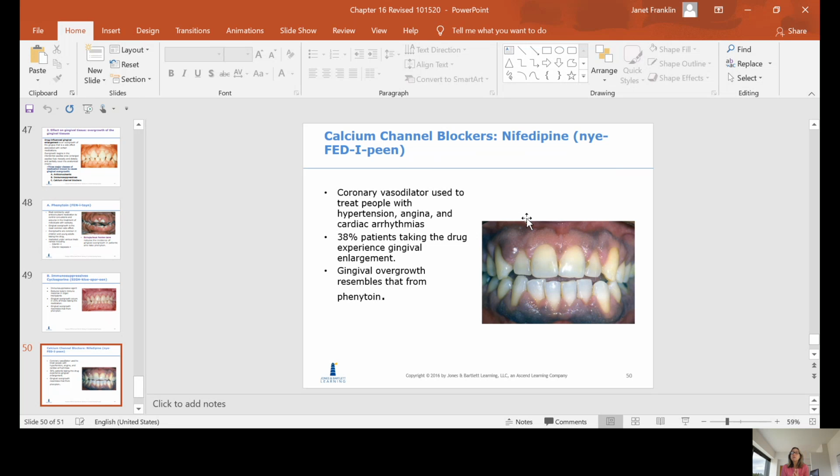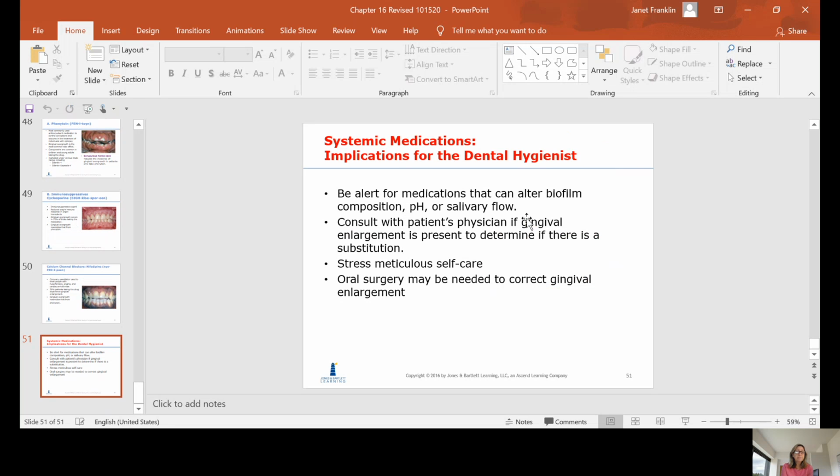Oftentimes, since there are so many blood pressure options out there, the medical doctors can work with you on changing the medication. But if they can't or won't, then you just have to work with the patient on good home care. And if it becomes too thick, then they can go in and trim the tissue back, and it'll grow back, but at least it takes a while to grow back.